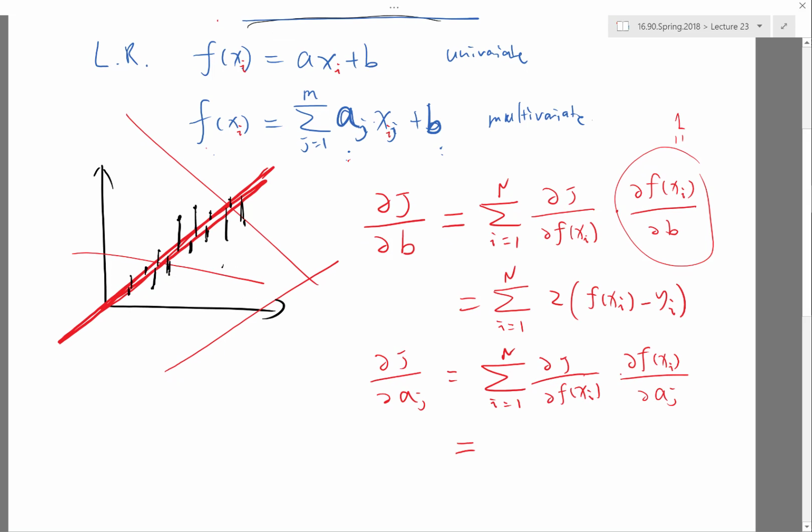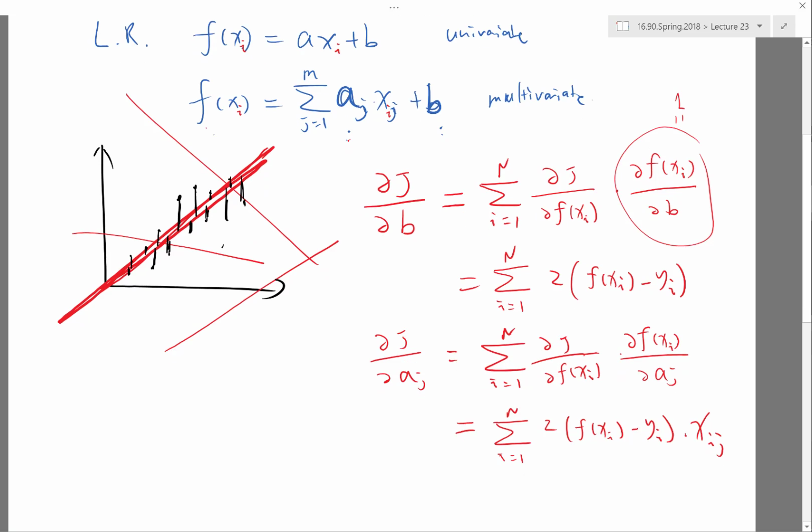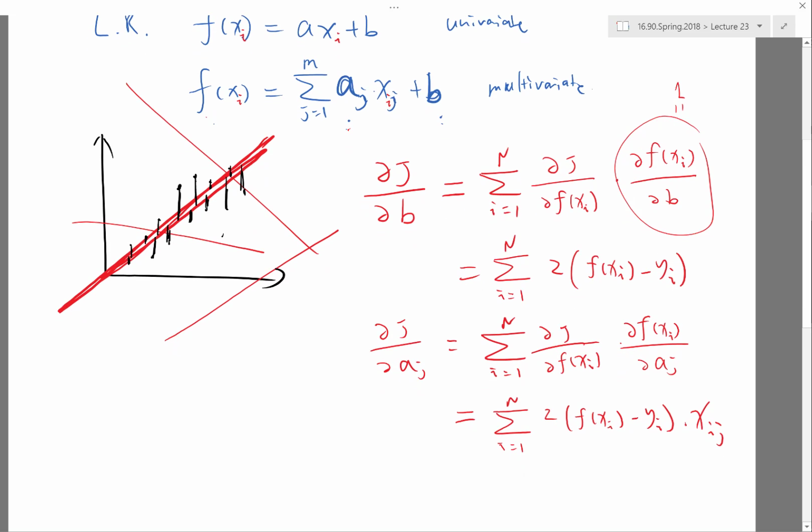So this would be the summation of 2 times f of x_i minus y_i times this derivative, which would be just what? x_ij. Yes. All right. So this way we can compute the derivatives pretty easily.